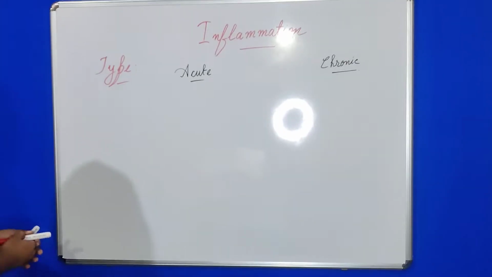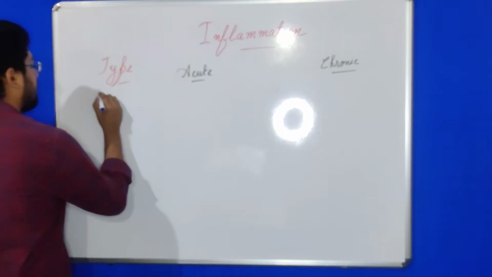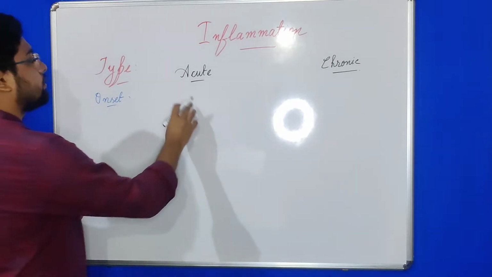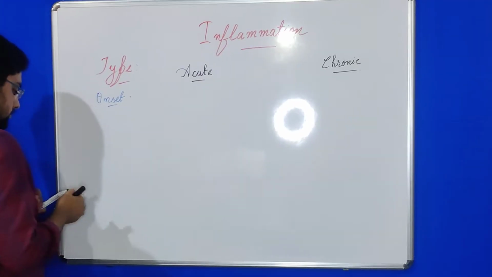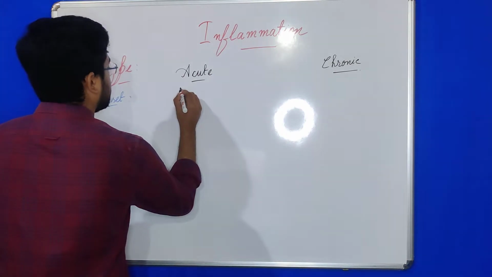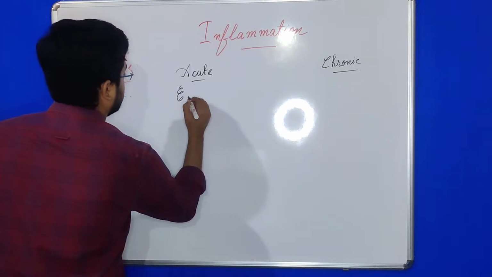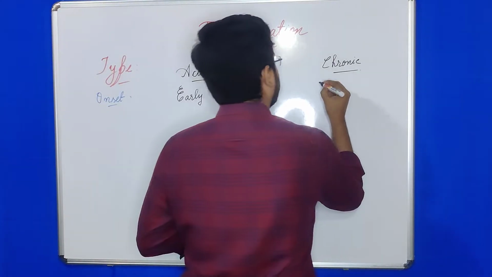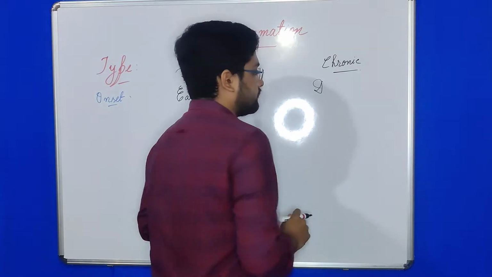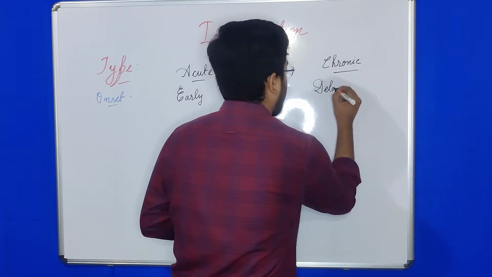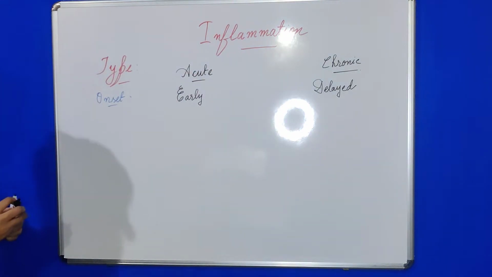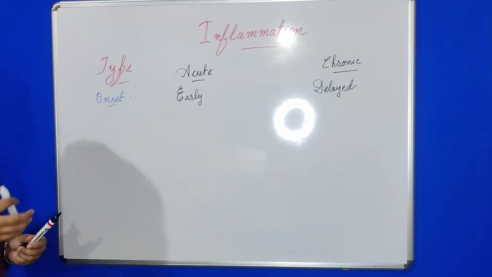So first one is onset. From the word acute, we already know it has early onset, and chronic has delayed onset. Next is duration.